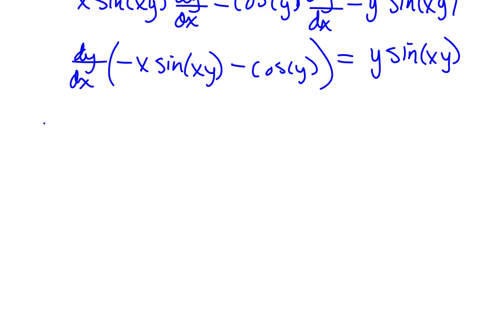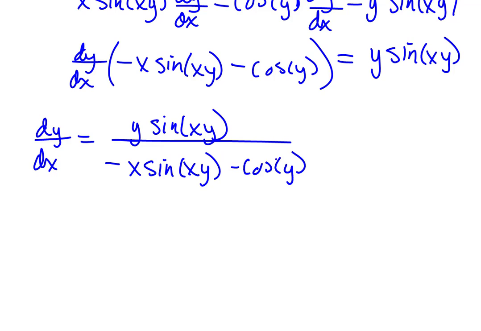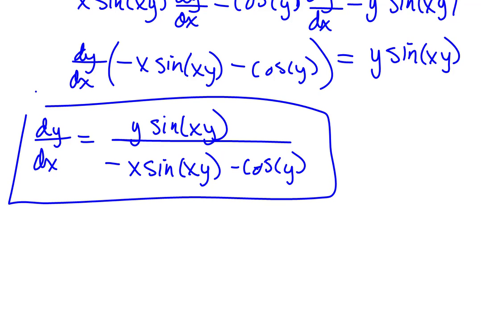If we now get the dy dx alone, we'll end up with dy dx on the left side, and I divide everything else on both sides to get, I already had a y sine of xy on the right side, but I will be now dividing that by everything I had multiplied with the dy dx in the previous step. So that's a negative x sine of xy minus cosine of y. Okay, so this is like phase one of our answer in this problem. This is dy dx, which we just found using implicit differentiation.